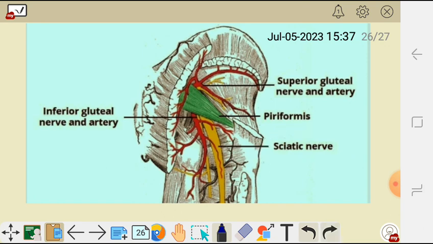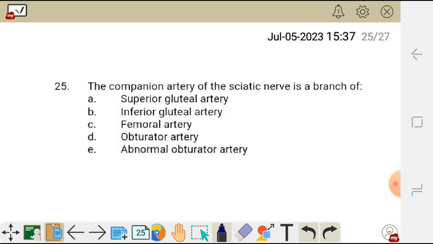So the accompanying artery is a branch of the inferior gluteal artery. So this is the inferior gluteal artery there. There is this branch here which is accompanying the sciatic nerve. So it is the branch of inferior gluteal artery. So the correct answer is inferior gluteal artery, which is B. So question 25, the answer is B.